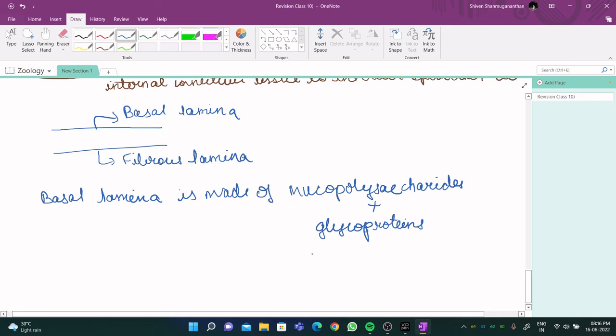This concoction of mucopolysaccharides and glycoproteins is made by the epithelial cells.